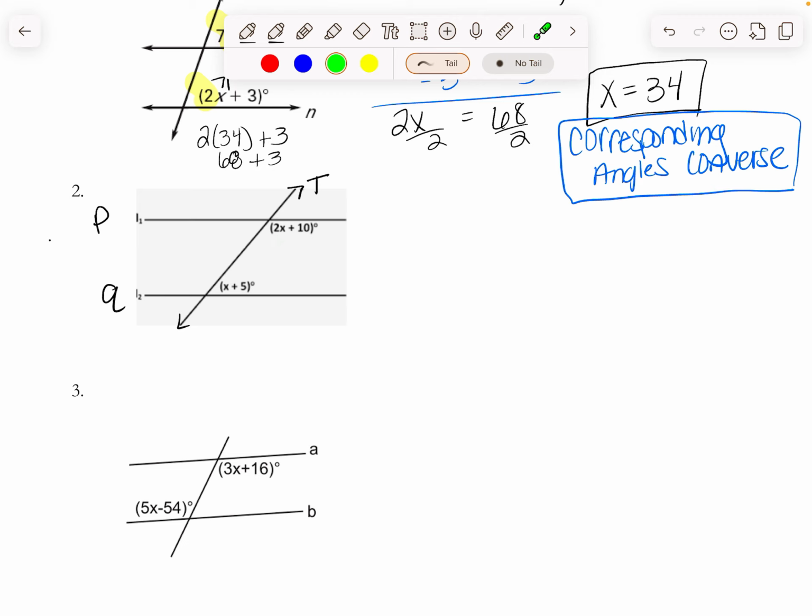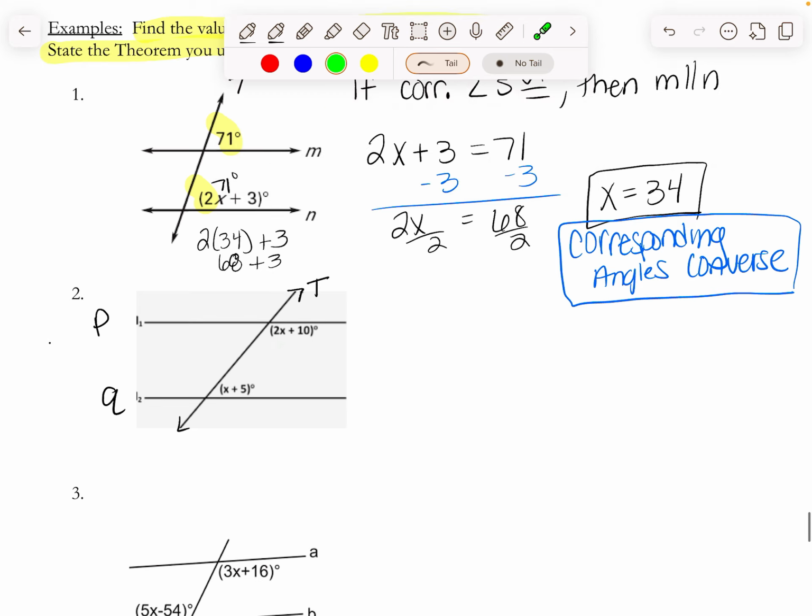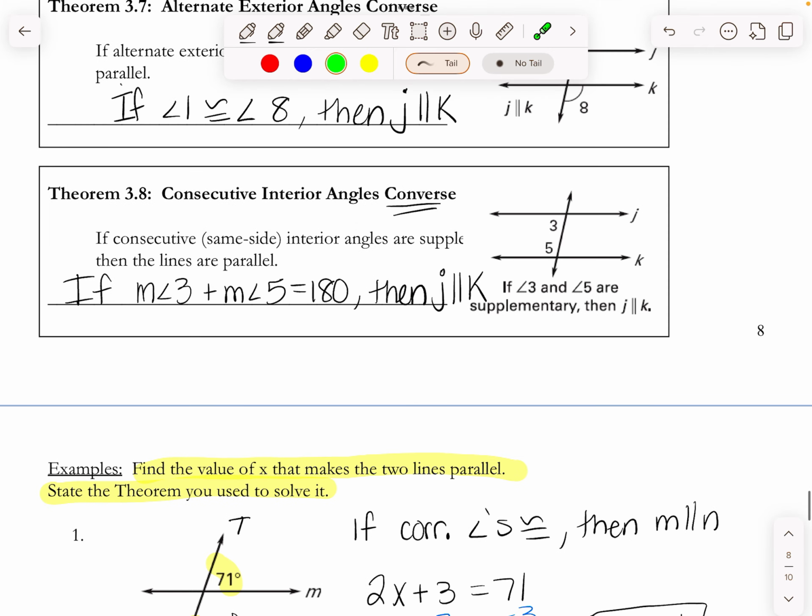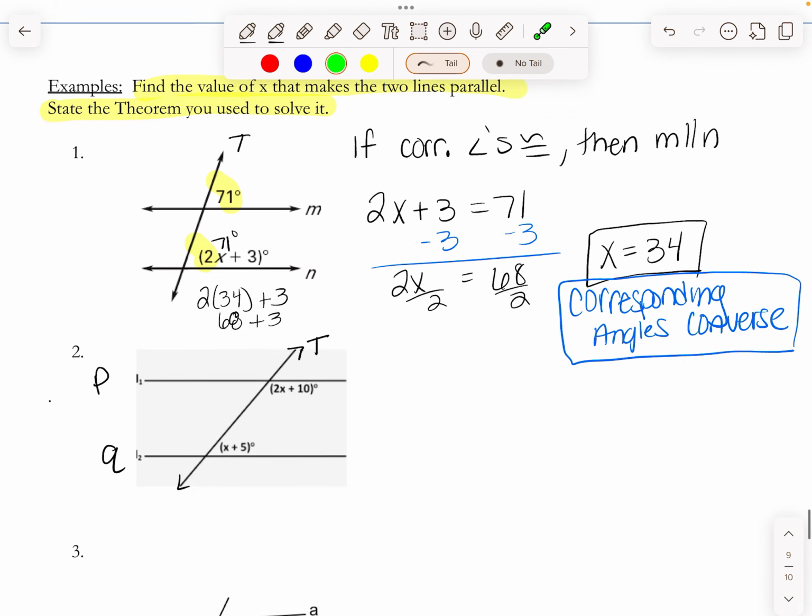So I'm going to want to prove, using the consecutive interior angles converse, that if the two angles add to 180, then the lines have to be parallel. So I'm going to find a value of x so that those angles will add to 180.